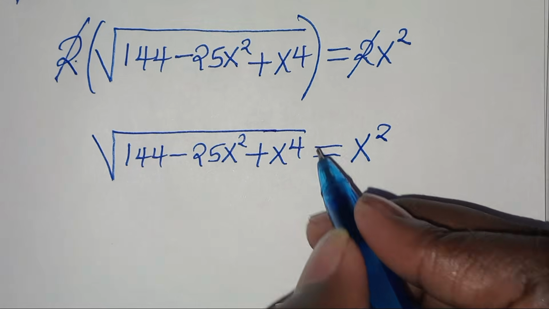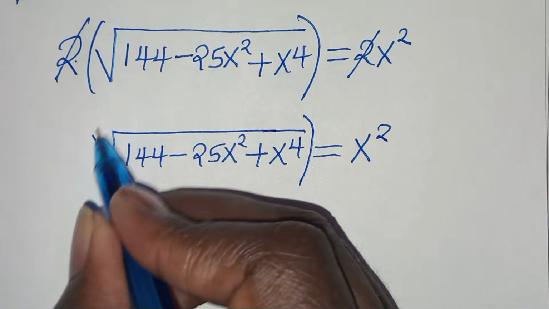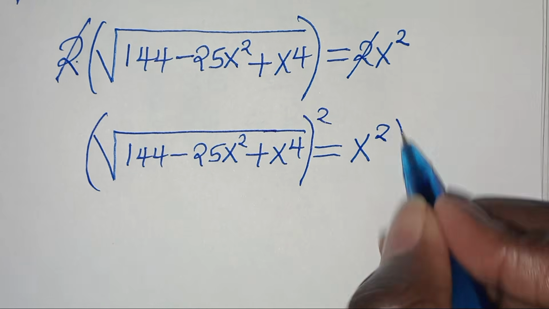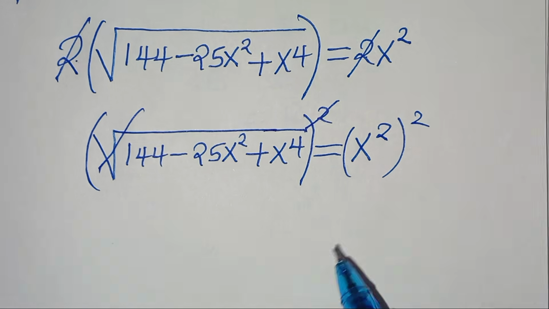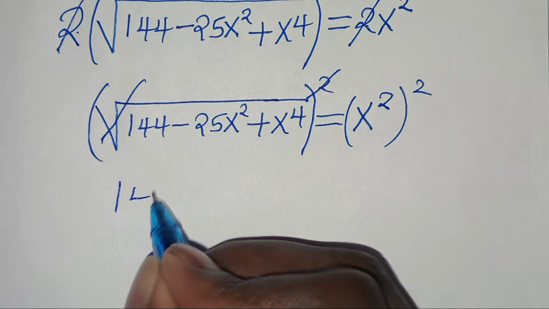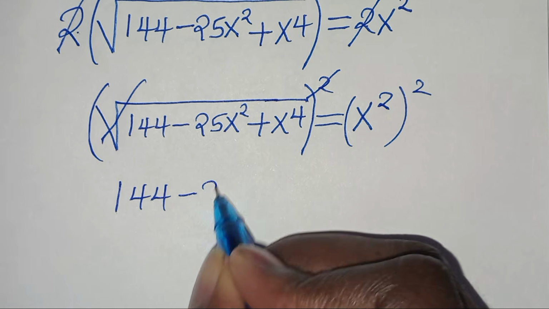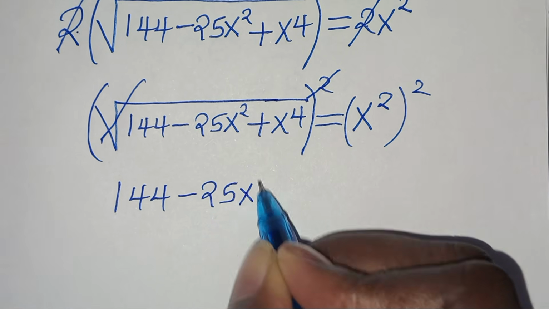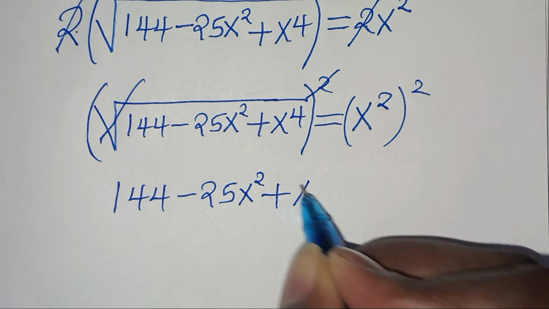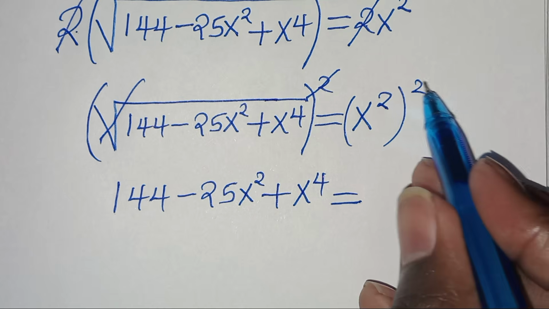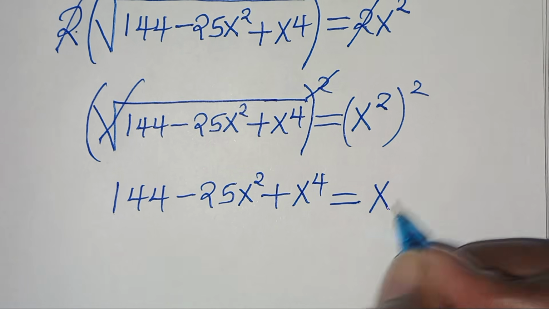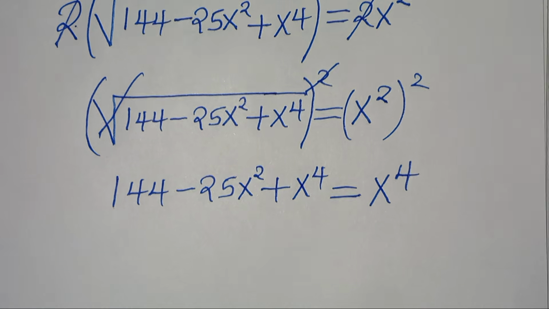Okay, now the next step is to square on both sides, so that now we eliminate this square root sign, and this means we have 144 minus 25 x to the power of 2, then plus x to the power of 4. This is equal to x to the power of 2 raised to the power of 2. This becomes x to the power of 4.